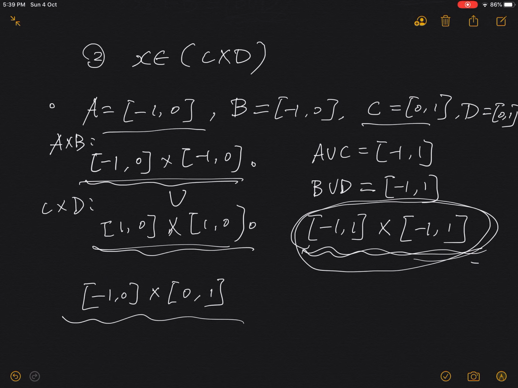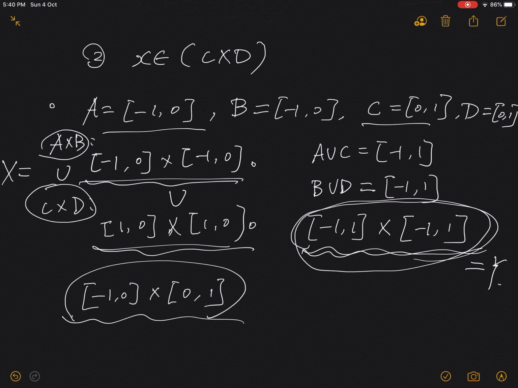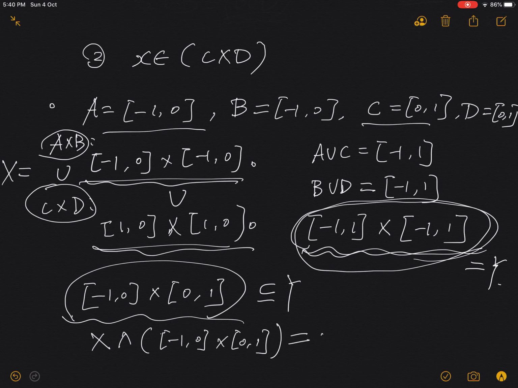But we denote this as Y, and the union of these two is X. For this case, X is a subset of Y, but the intersection of X and this set is empty, since if x1 is chosen from -1 to 0, y is chosen from -1 to 0 also, but not chosen from 0 to 1.